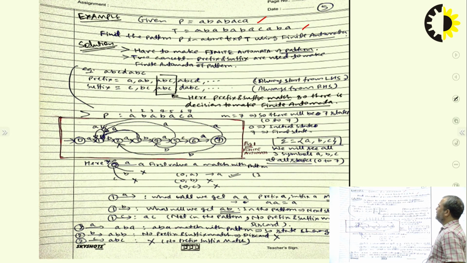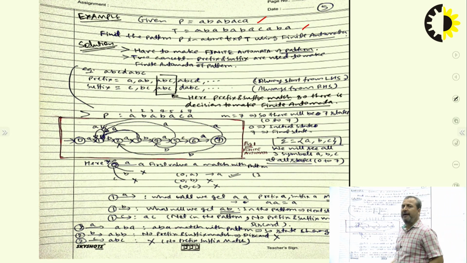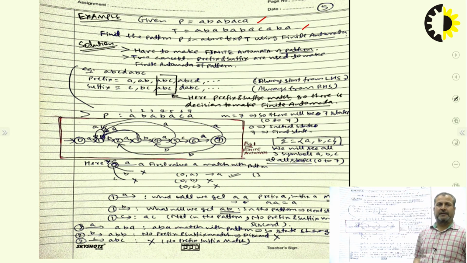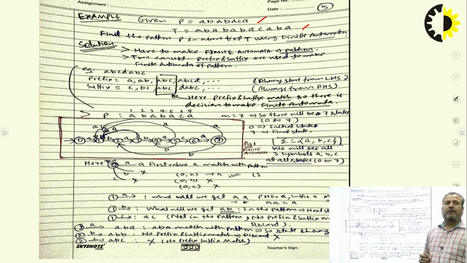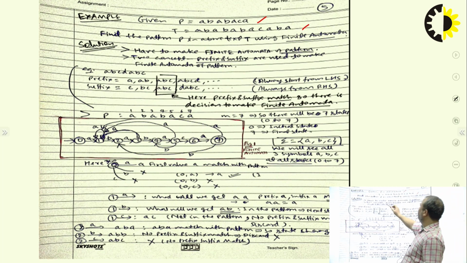The process is that we find the longest common prefix. Here we see how to make the finite automata for the pattern. Two concepts, prefix and suffix, are used to make it.